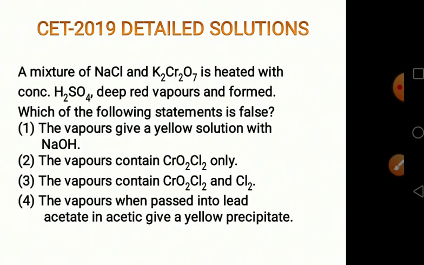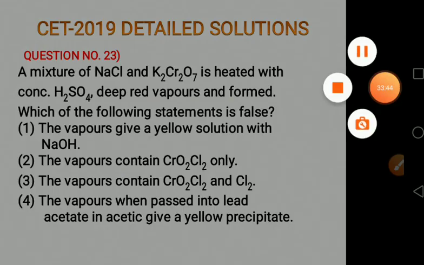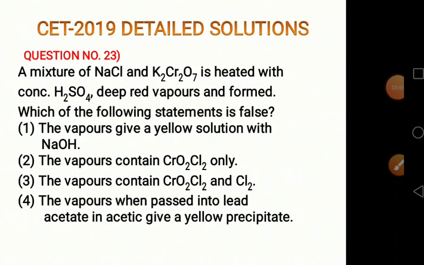Then question number 23. A mixture of NaCl and K2Cr2O7 is heated with concentrated sulfuric acid. Deep red vapors are formed. Which of the following statements is false? In this case, NaCl, potassium dichromate and concentrated sulfuric acid, what do you remember? The chromyl chloride test.